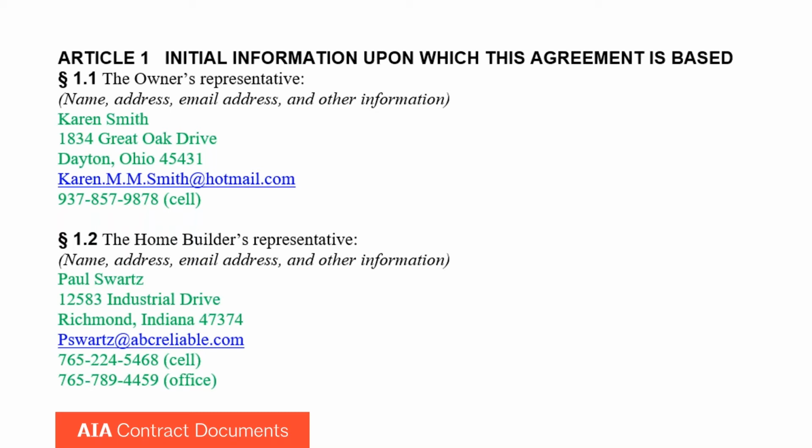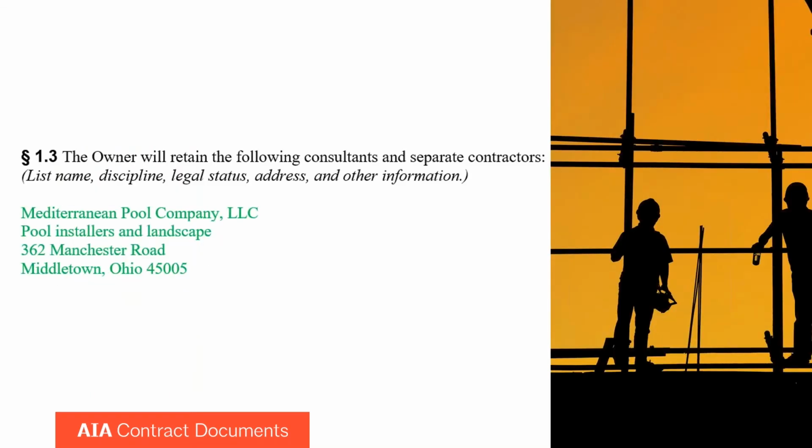For example, here, a pool company, which the owner knows was selected to provide the pool. And then the home builder may be responsible for the patio and the hardscaping around it. And so it's just important to identify immediately those responsible parties. And here's the name of the pool contractor.